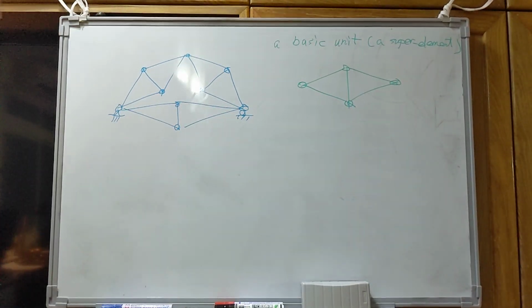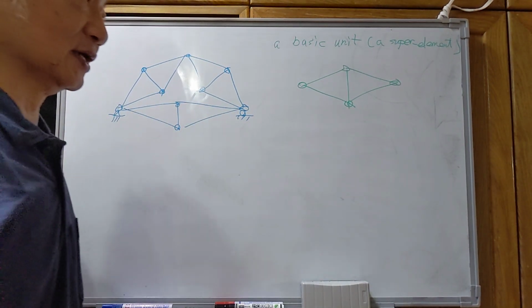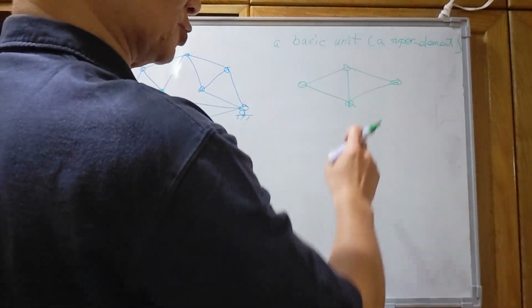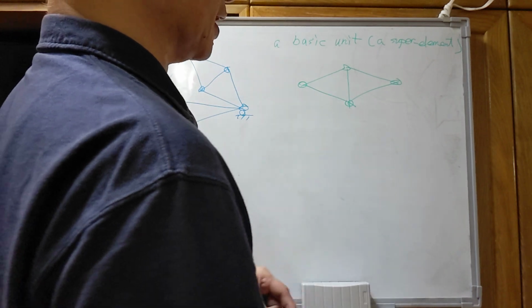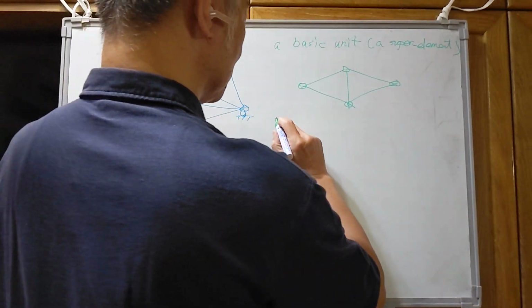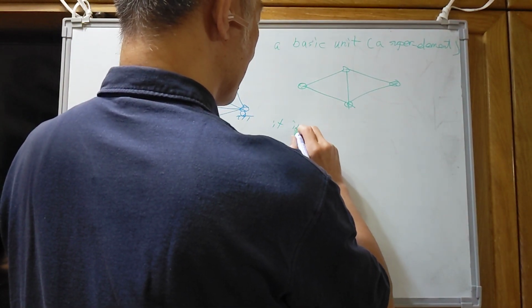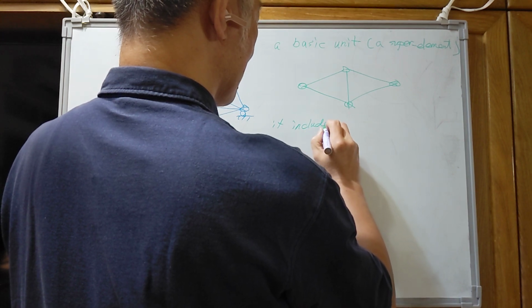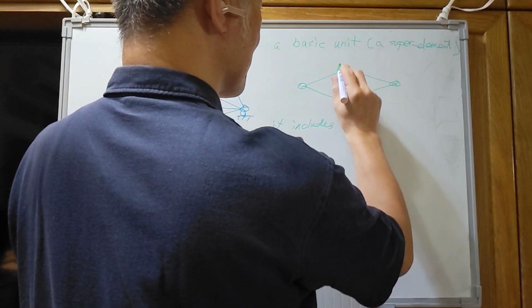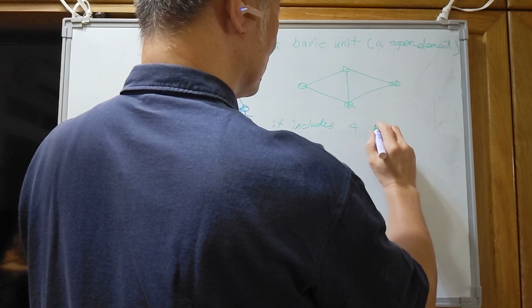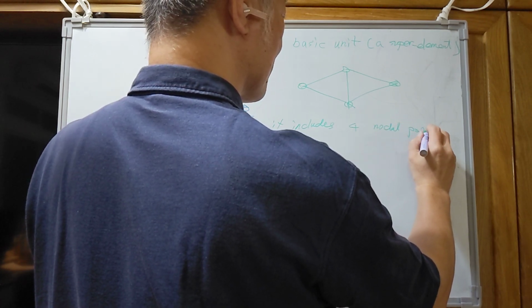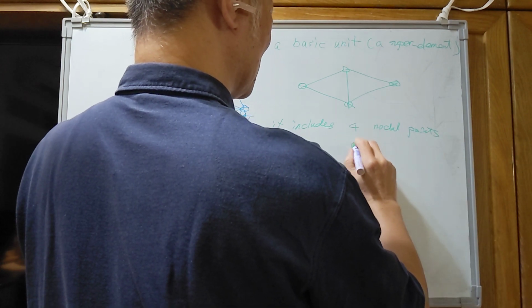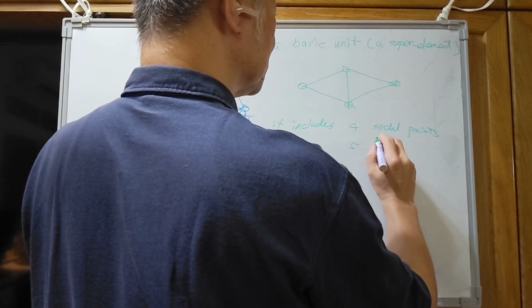So that's the parts of the super elements. If we use the plane truss element, it includes four nodal points and five elements.